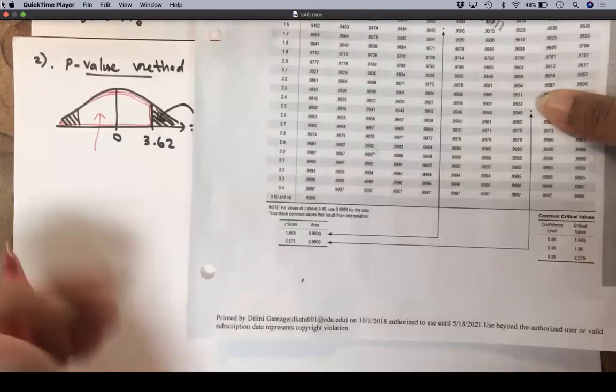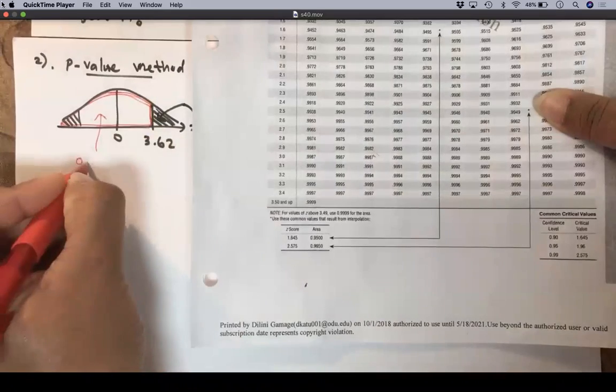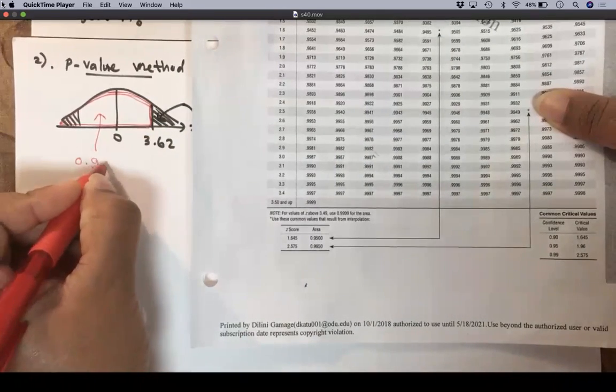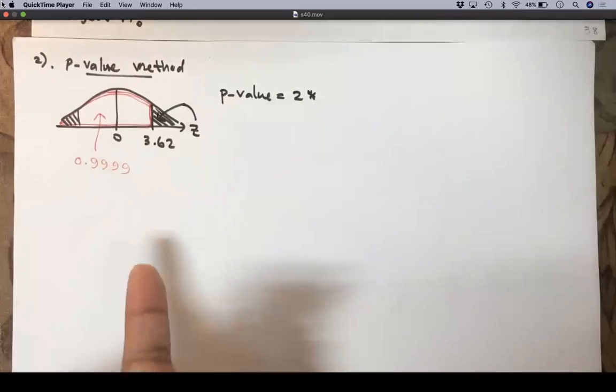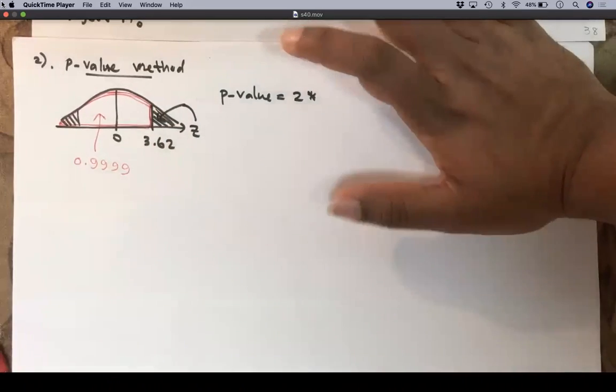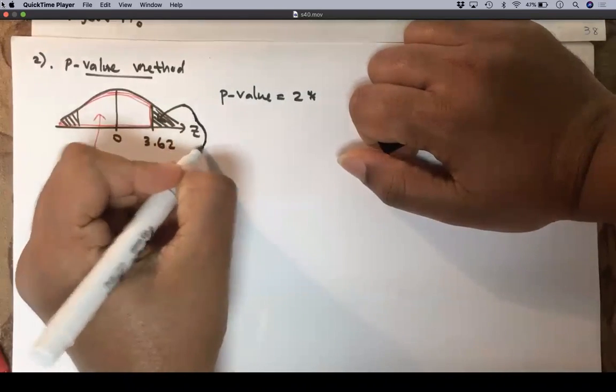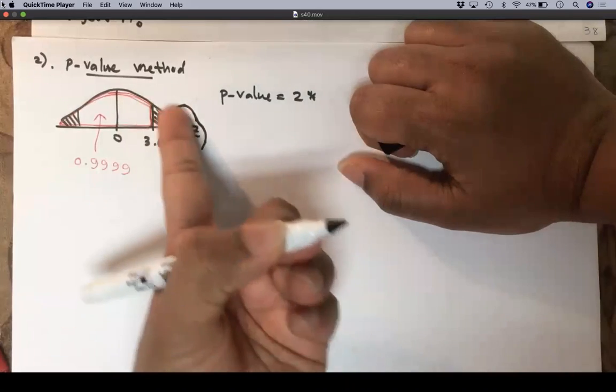So what is the value of the area of this red colored part? It's 0.9999. So that is the value of this red colored area, okay? But according to the example, we want to find the right-sided area.